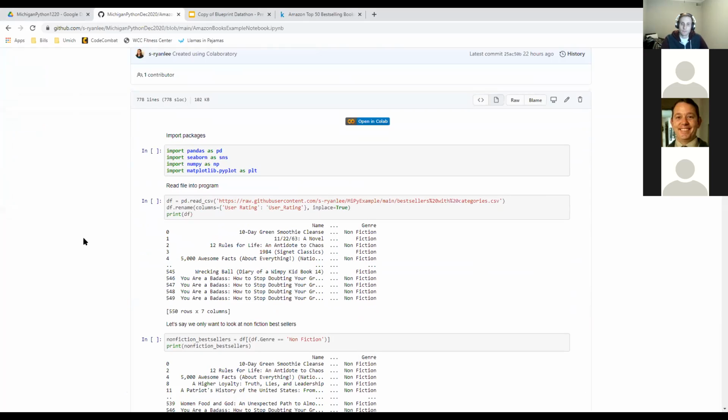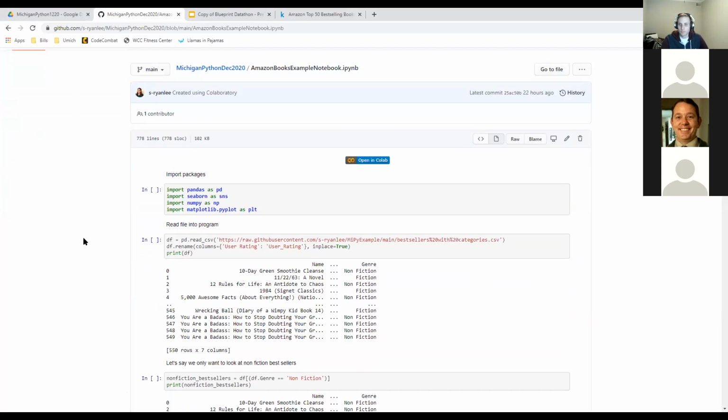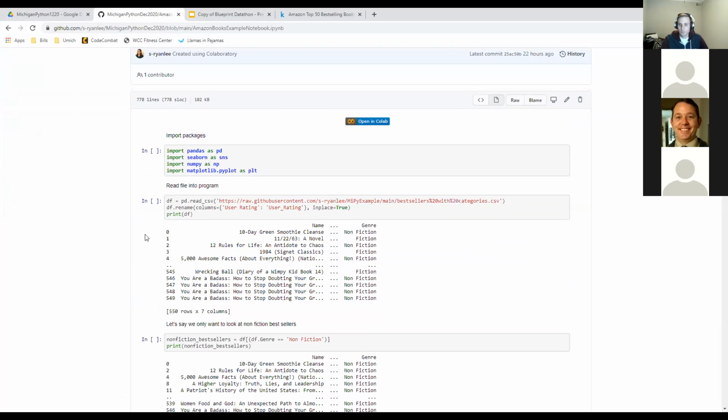So as far as getting your data in Python goes, there's a couple of packages that need to be imported. These are pretty standard for data analysis, pandas especially. Seaborn is a package that does a lot of data visualizations. NumPy does a lot of numeric functions.